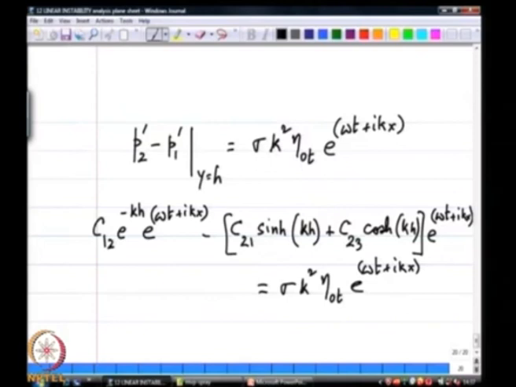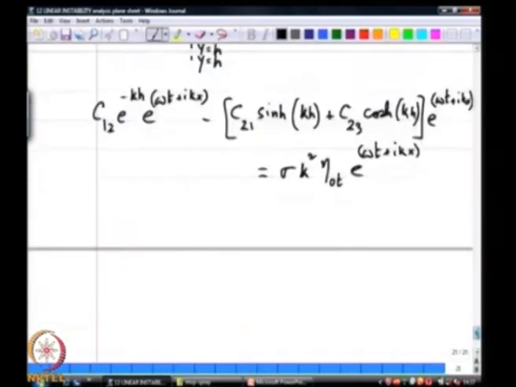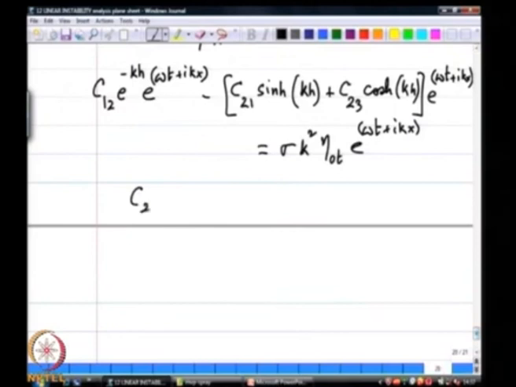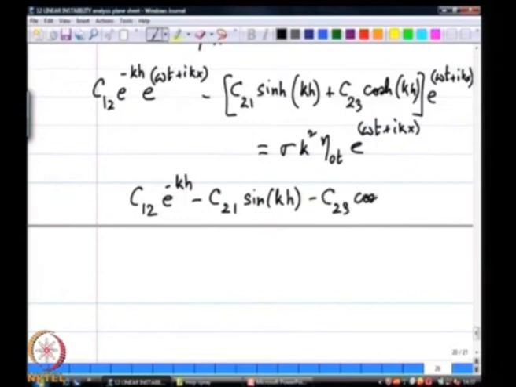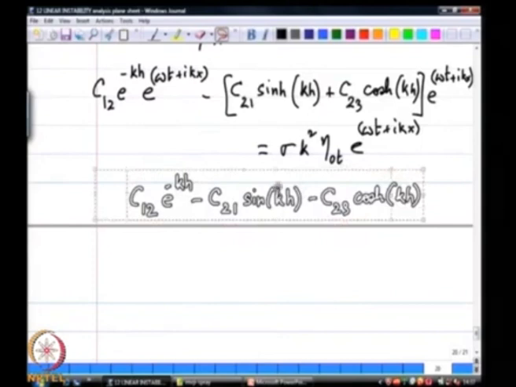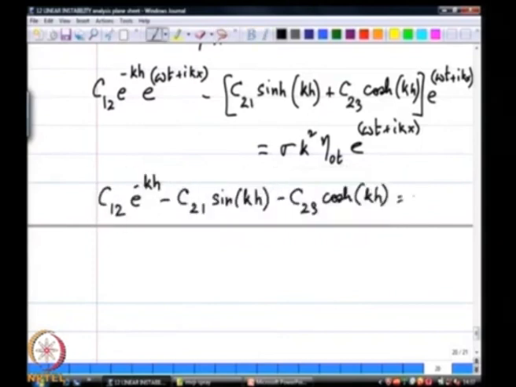So, from here I have one equation: C 1 2 e power minus k h minus C 2 1 sin k h, sorry, C 1 2 minus C 2 3 cosine k h equals sigma k squared eta 0 t.